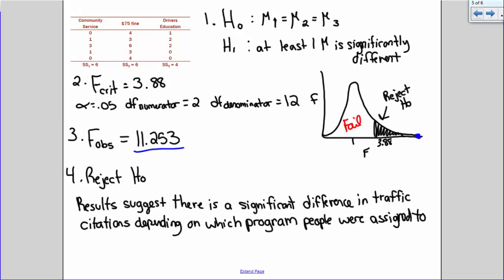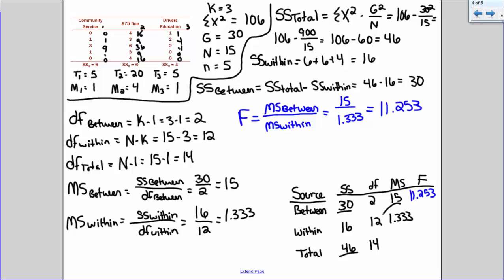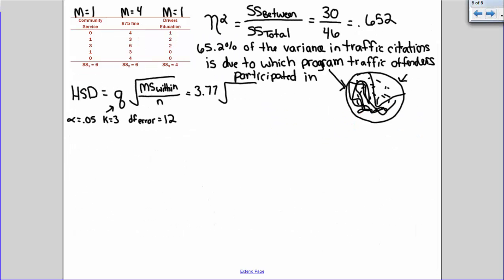And then our mean squared within was equal to 1.333 divided by 5, the sample size for each group. So this becomes 3.77 times the square root. So 1.333 divided by 5 is 0.266. Take the square root of 0.266 and you end up with 0.516.